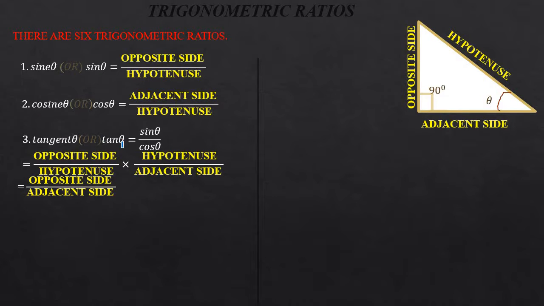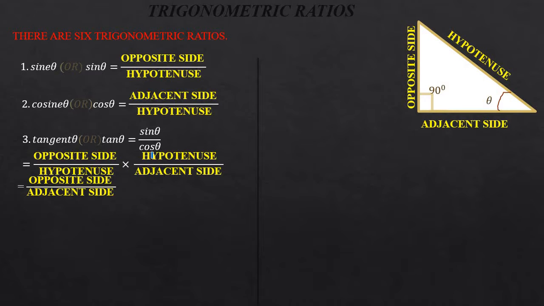So how can we say the ratio in sides manner? We know sin theta is opposite side by hypotenuse, divided by cos theta. So cos theta lies in the denominator. Now we all know that we can write a number in the denominator as a reciprocal in a product. So we write cos theta as the reciprocal, hypotenuse by adjacent side, in multiplication.